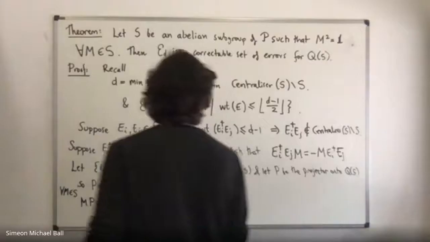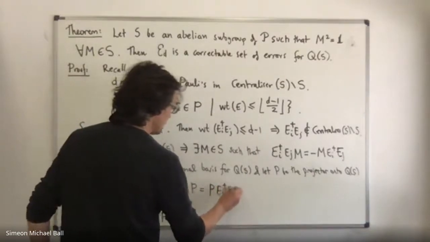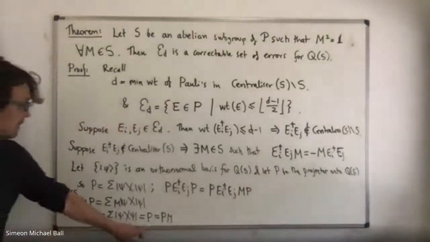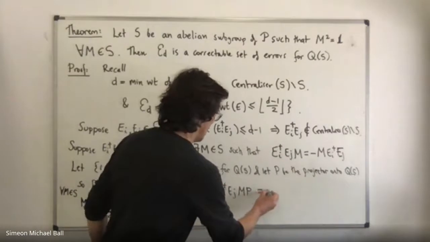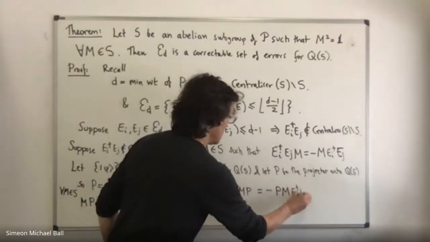And now you can probably see what you have to do. Now you just put this together. You can put the M here because MP is equal to P, but these things anti-commute, so this is now minus P E_i† M E_j.